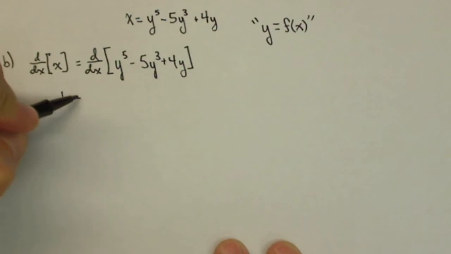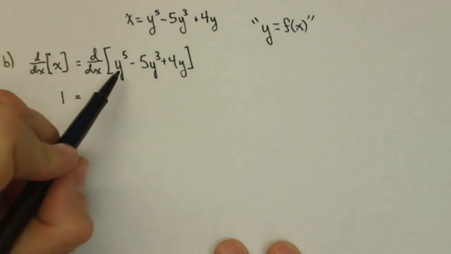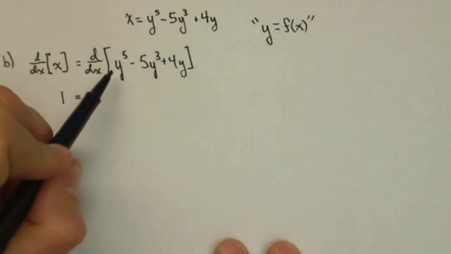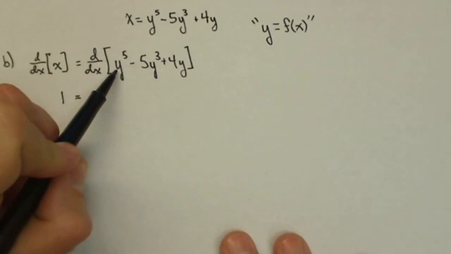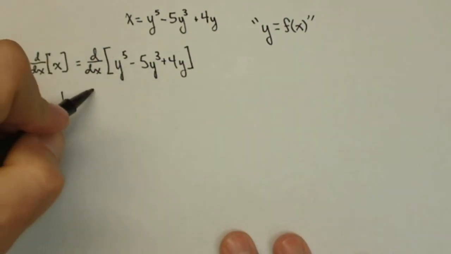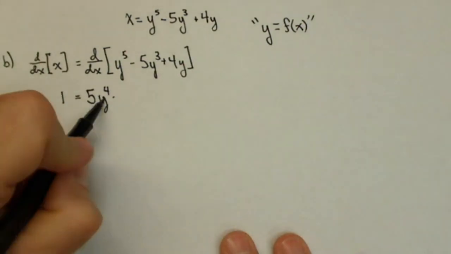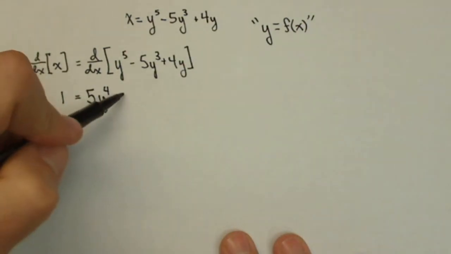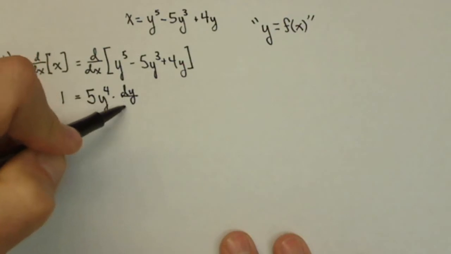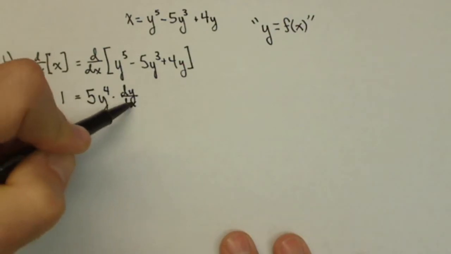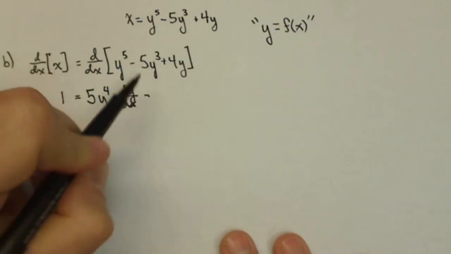It's just 1. But now as we go through this piece by piece, we have to consider each as a chain rule. So the derivative of y to the fifth is 5y to the fourth, but then that gets multiplied by the derivative of the inside, which is y, which is dy/dx. Minus, now we do this term.